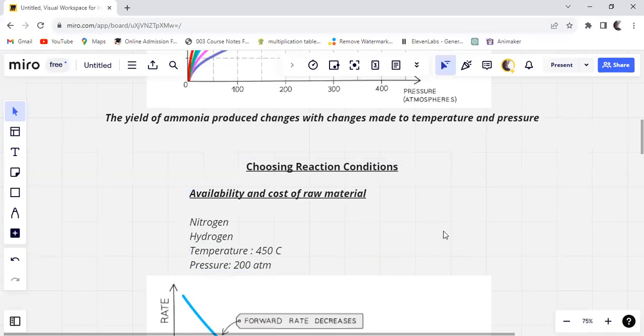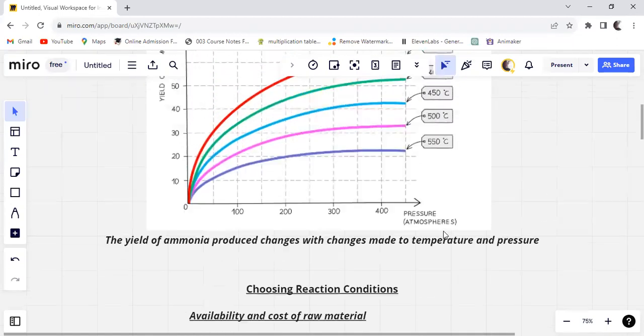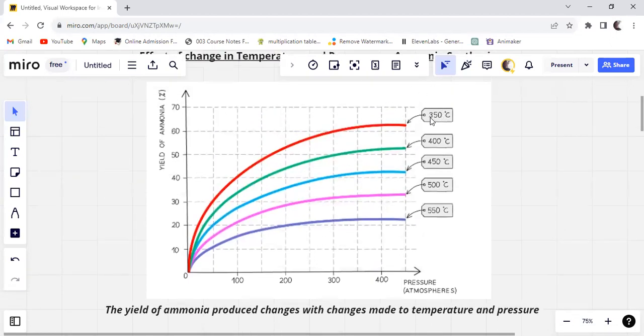We can see that at a low temperature, we can get maximum yield of ammonia. But the question should come to our mind that we can easily achieve this temperature without that much energy usage. So why aren't we sticking to 350 degrees Celsius and instead use 450?